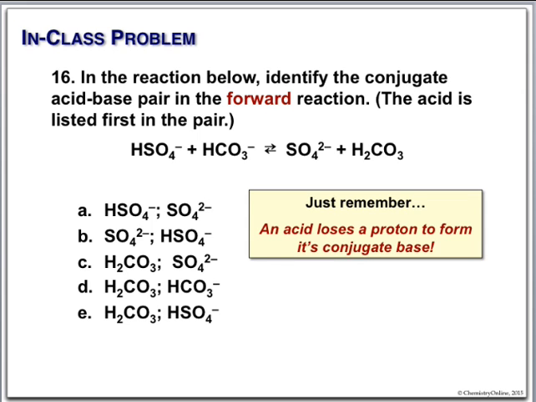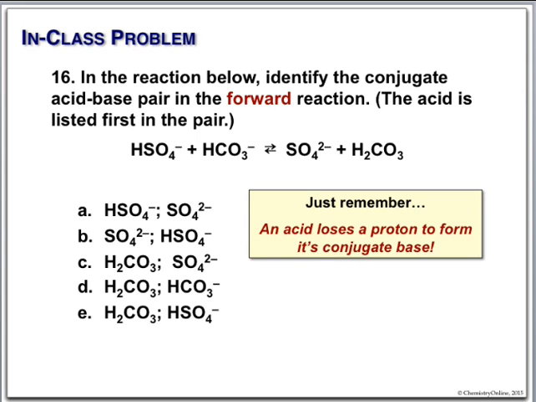Remember, an acid loses its proton to form its conjugate base. Now, what we have to do is simply look at these and see if the first and the second differ by one proton. That's the first test you want to do.